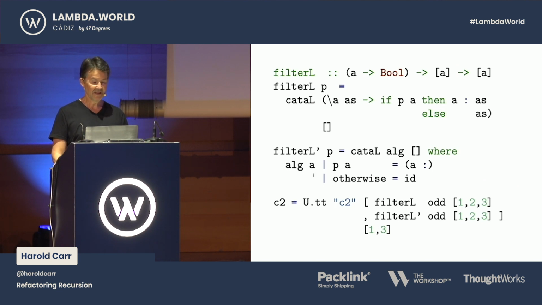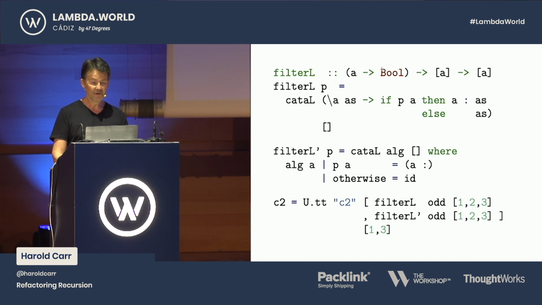In this case, if we define filter with this algebra, it says that in the case that p is true, then I'm consing a onto something. And this is interesting because it's using currying, because the algebra is only taking one argument. So it returns this function.